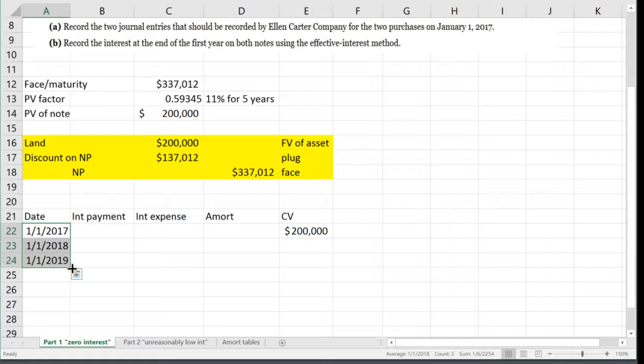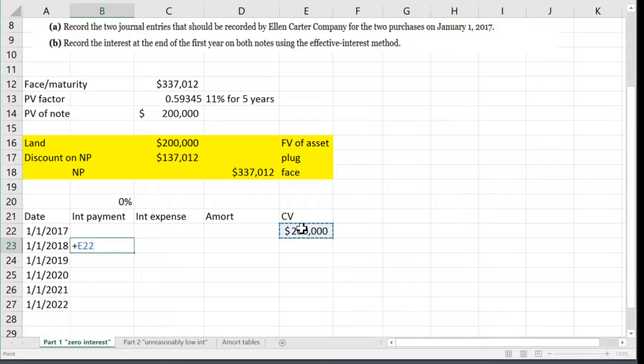As we spread this out for the next 5 years, 18, 19, 20, 21, 22, what do we know about this? We know our interest payment is 0% because we have a 0% note. So just for completeness, I'm going to take our prior carrying value times 0%. We're going to click and drag, and all of our interest payments are going to be 0.